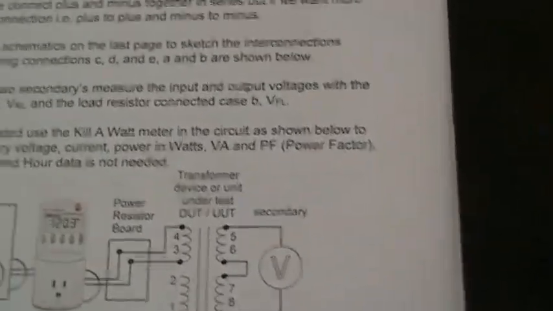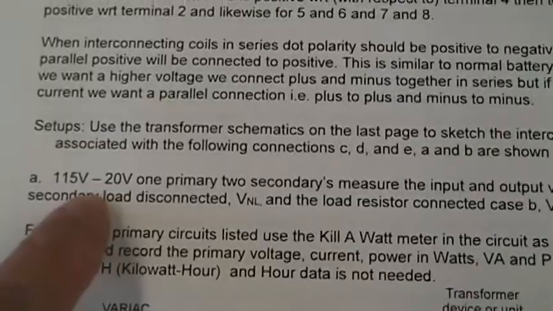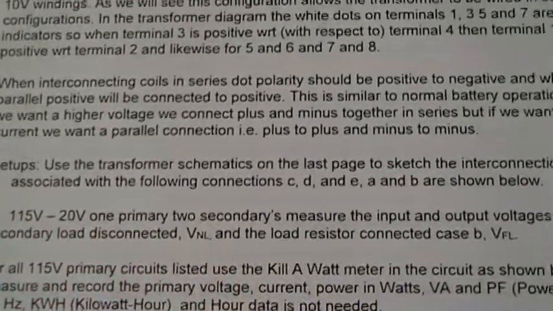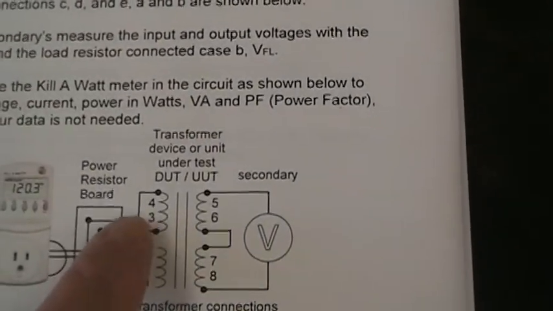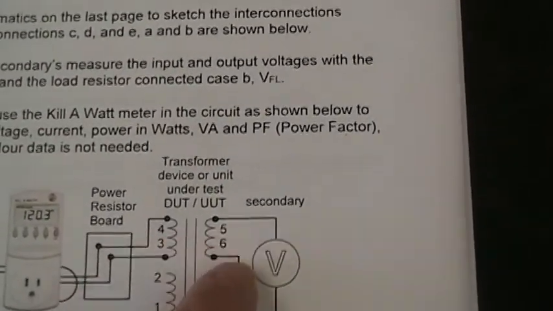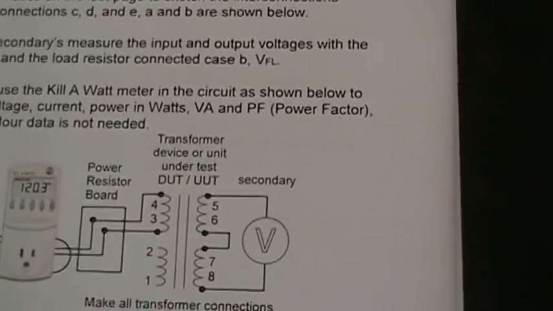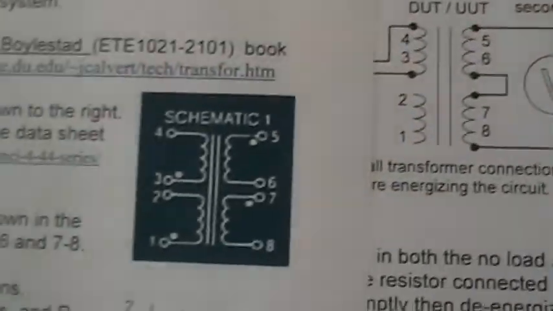In the first circuit, we're going to set up for 115 volts to 20 volts with one primary and two secondaries. So in this case, one primary will be energized and two secondary windings will be put in series. Now remember, you must follow the dot polarity of the transformer.